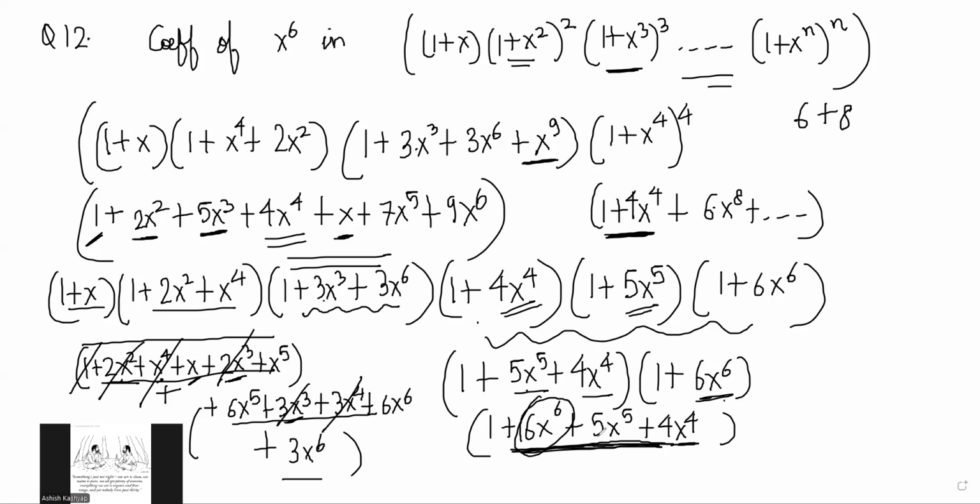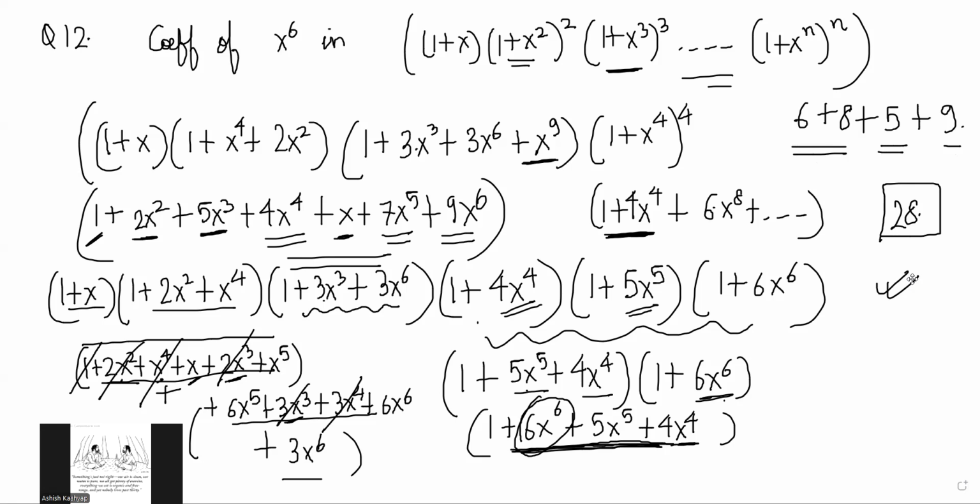X can multiply with a 5 here. So you get a 5. And 7x power 5 cannot multiply with anything here. 9x power 6 can multiply with a 9, right? So you get basically 14 plus 9, you get 14 plus 5, 19 plus 9, 28. So coefficient of x power 6 is 28 in this.